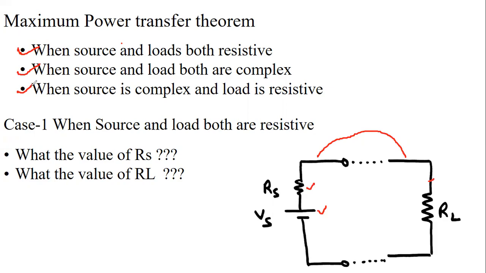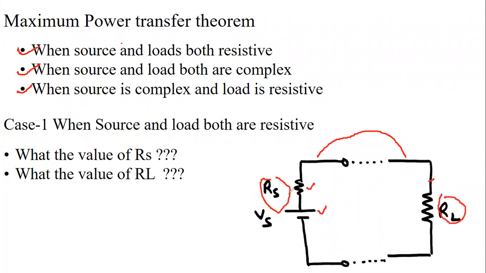When we are discussing power, there are two conditions. Forget about maximum power transfer for now. There are two resistances, Rs and Rl. The first resistance is Rs and the second resistance is Rl.